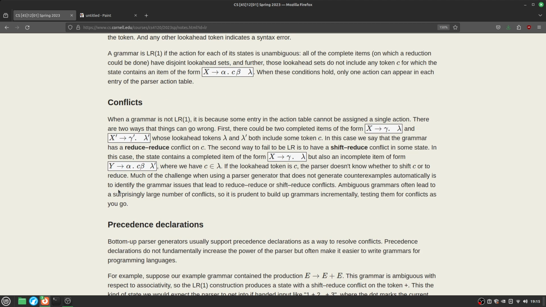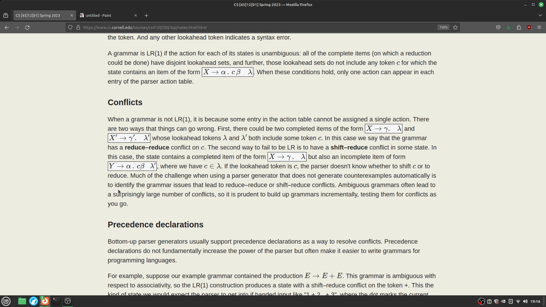Conflicts. When a grammar is not LR1, it is because some entry in the action table cannot be assigned a single action. There are two ways that things can go wrong.